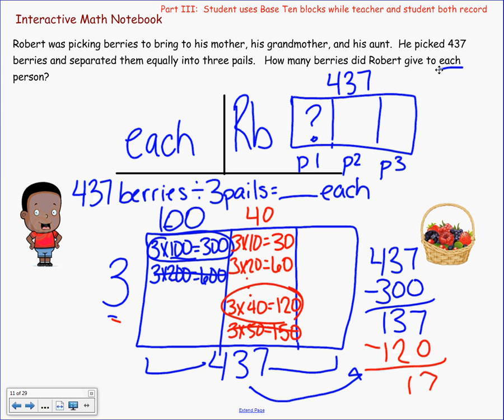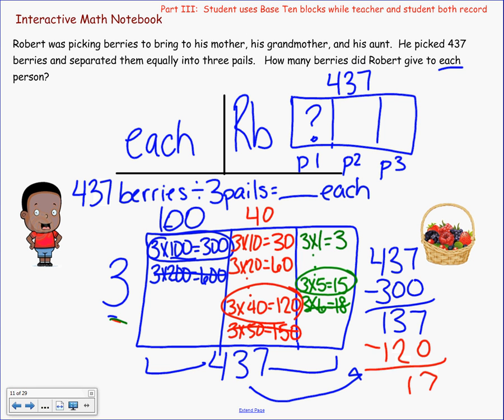I'm going to switch colors again. Now I'm going into my ones. I have 17 ones. So I'm going to do 3 times 1, I would give each group 1, and that equals 3. Well, I'm trying to get up to 17. Since I know my 3's, I'm going to skip ahead. And I know that 3 times 5 is 15. That gets close. 3 times 6 would be 18. Well, 18 is too much. I can't use that one, so I would use 3 times 5.